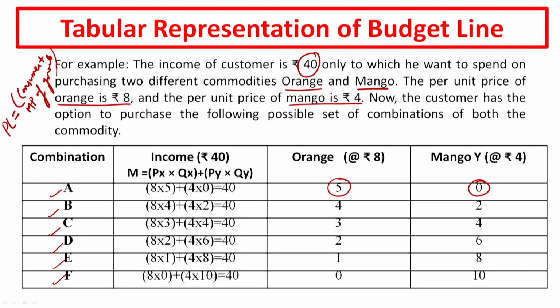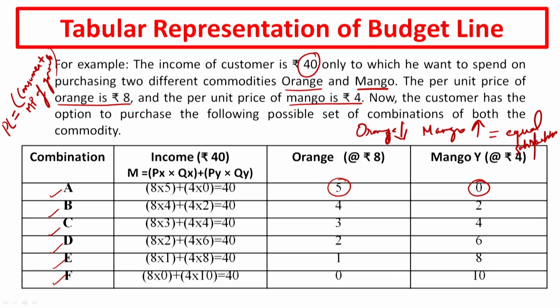Now, at combination B, you are reducing the consumption of orange and increasing the consumption of mango, that means the orange is reducing and mango is increasing, in order to maintain equal satisfaction. Why? Because income is limited.